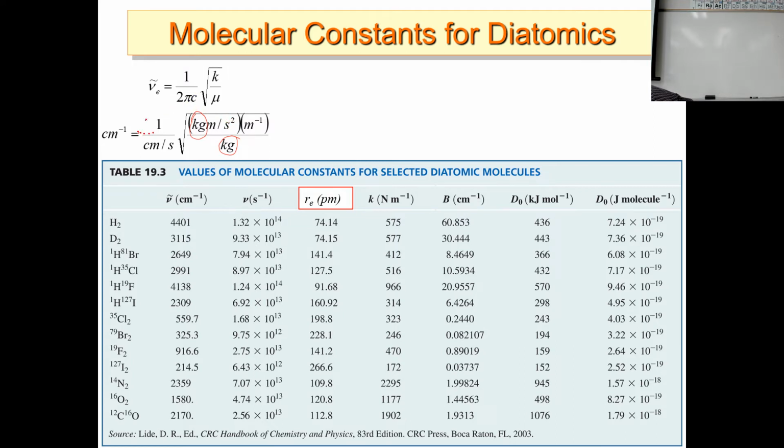And if you want wave numbers, which is indicated by this little tilde on top, which is inverse centimeters, you're going to need to use the speed of light in centimeters per second. 100 centimeters per meter, so it's 3 times 10 to the 10 centimeters per second.